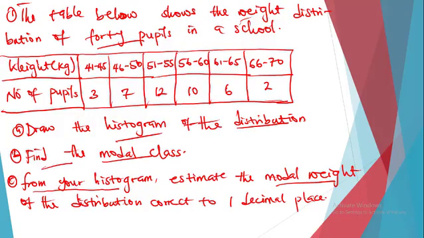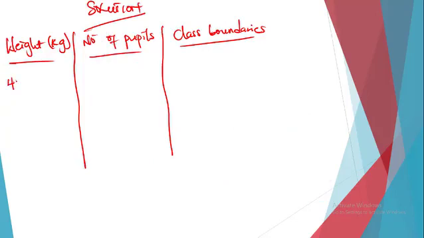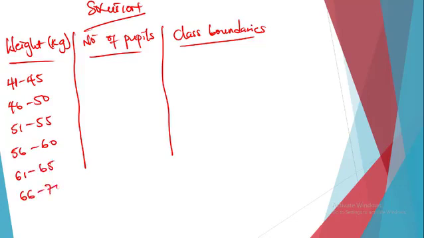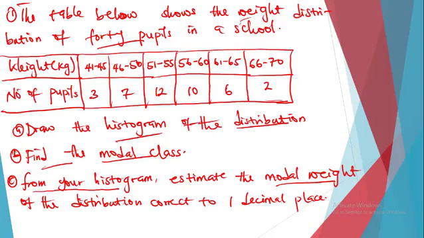Under the weight, we have 41 to 45, 46 to 50, 51 to 55, 56 to 60, 61 to 65, and then 66 to 70.